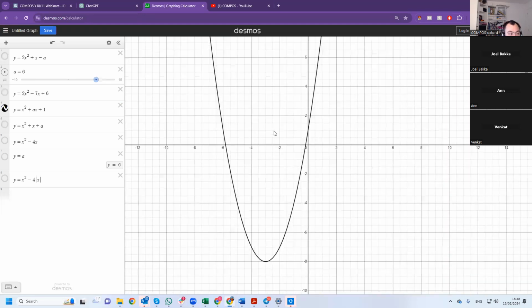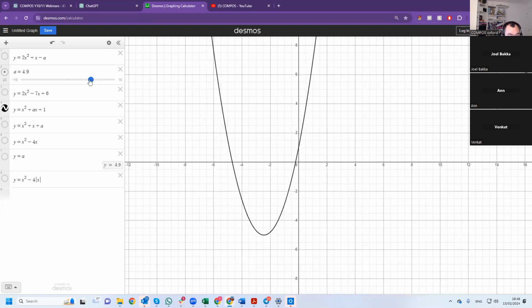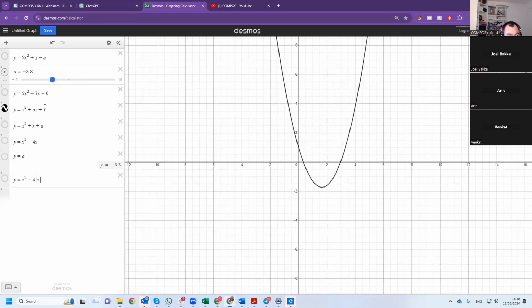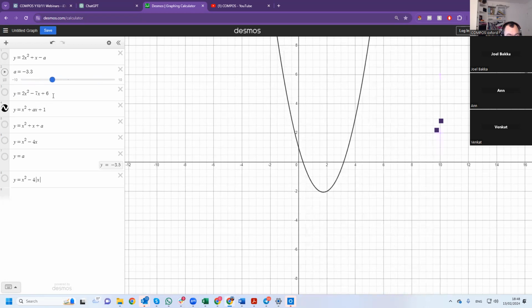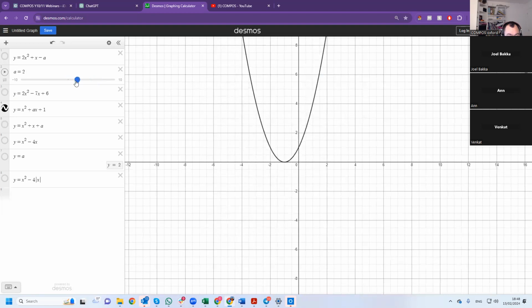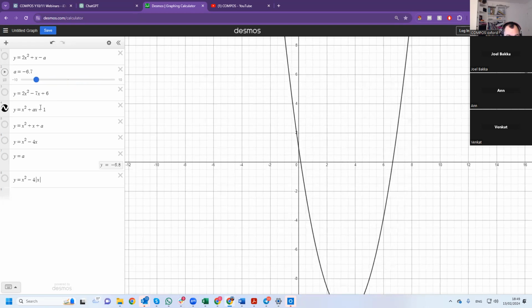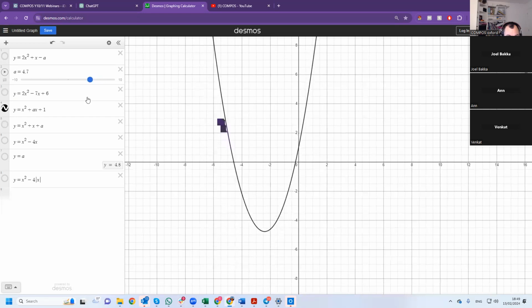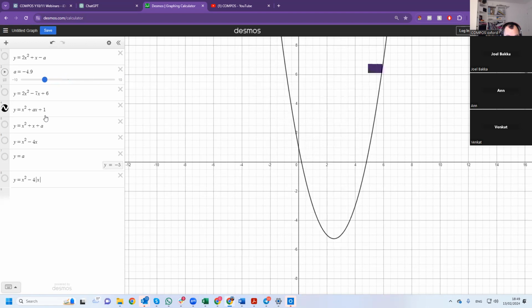It's a parabola. And look what happens as a changes. You either have two positive roots or two negative roots, and the vertex moves around a parabola.